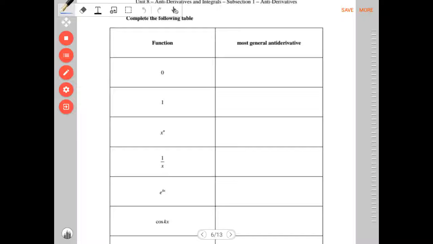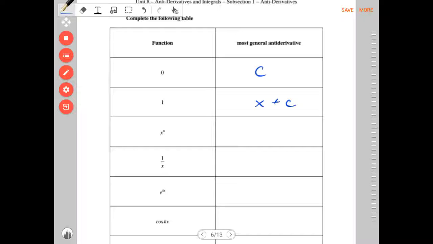If the function is just 0, the antiderivative of that is c, because taking the derivative of c, you get 0. If it's just 1, we take the antiderivative of that, and I get x, because the derivative of x is just 1, so the antiderivative of 1 is x plus c.